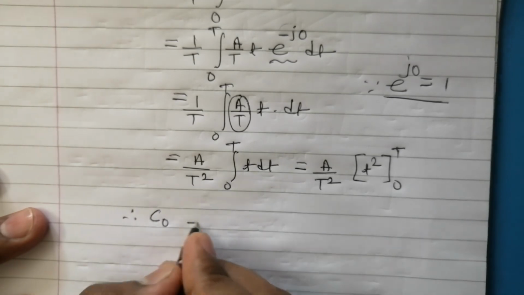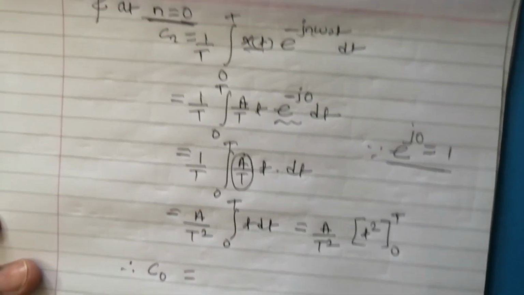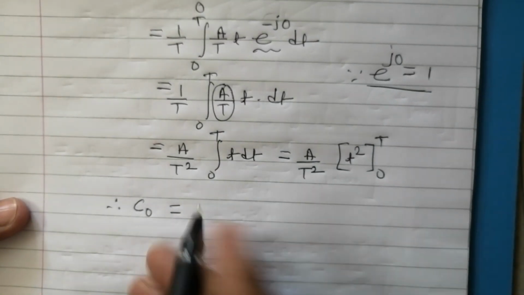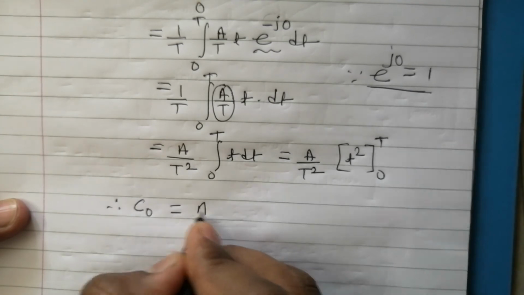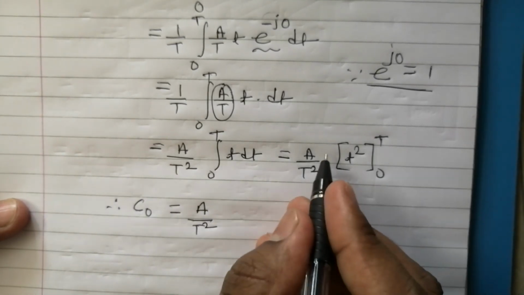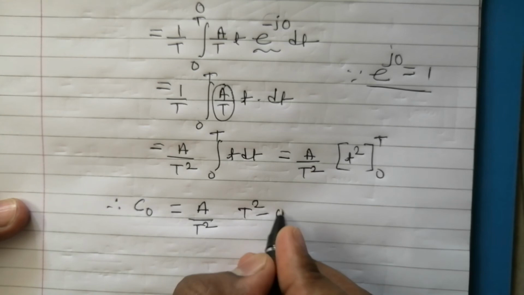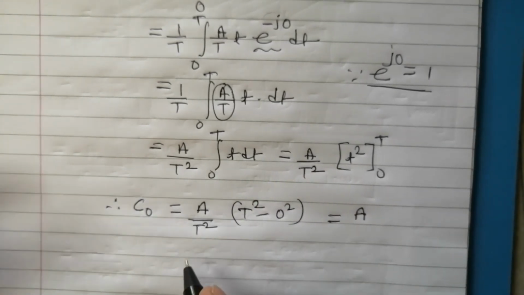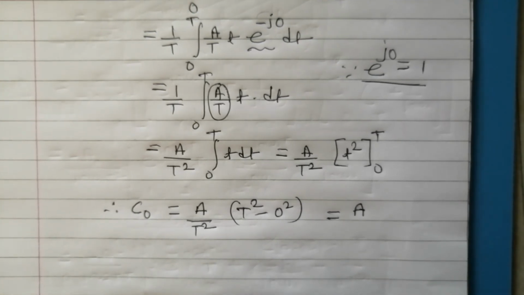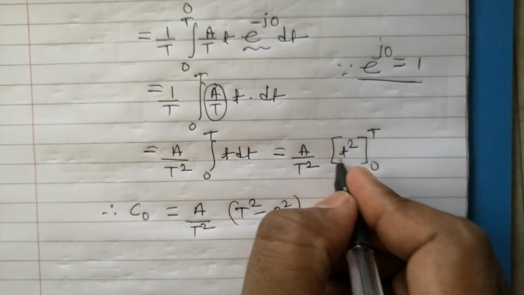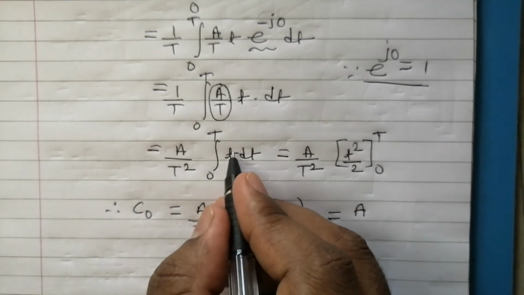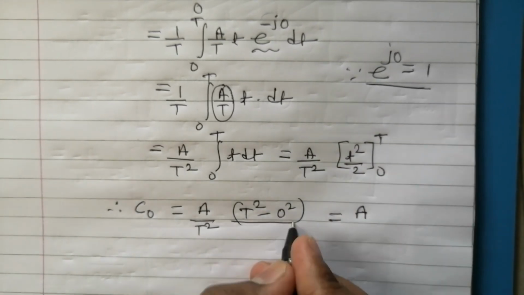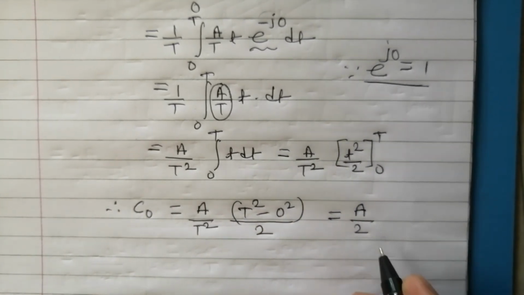Therefore c0 equals A upon T square, and here upper limit T square minus 0 square. The T square will cancel out, and it is by 2 also, because this is integration, so t square by 2.